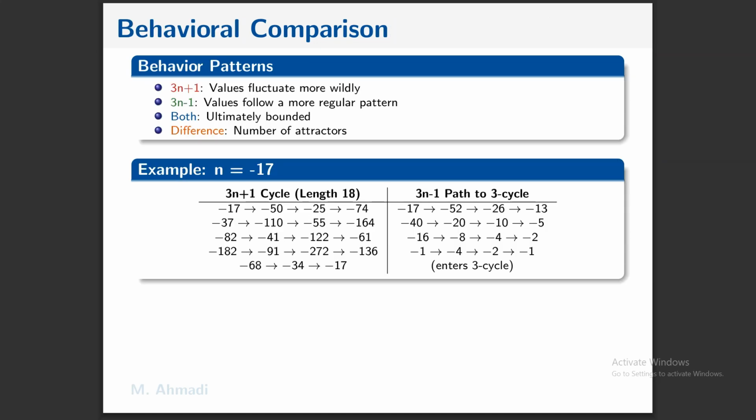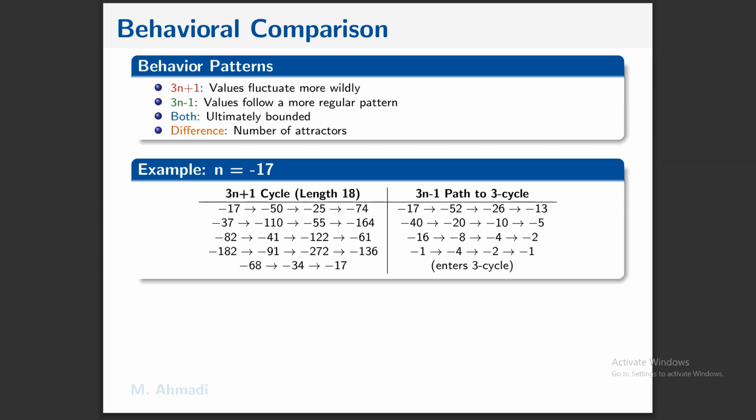Also here we have the behavioral comparison. 3n plus 1 values fluctuate more widely. 3n minus 1 values follow a more regular pattern, but are ultimately bounded. Different number of attractors: the number of attractors for 3n plus 1 and 3n minus 1 are different.